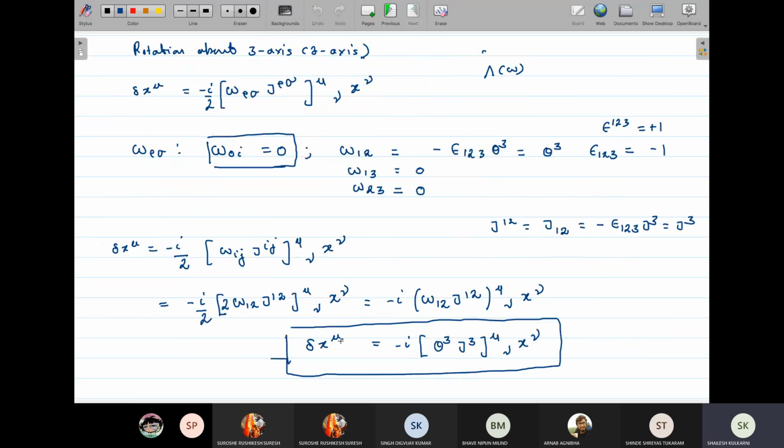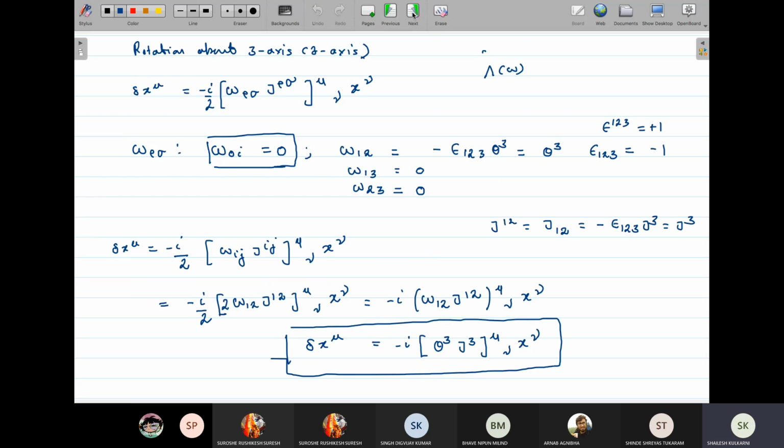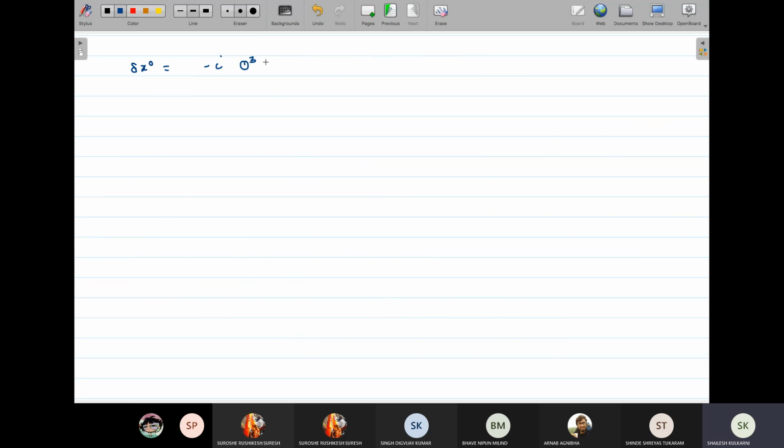If I put mu equal to 0, then delta x0 will be minus i theta 3, J3 0 0 x0, minus i theta 3 J3 0 i xi.